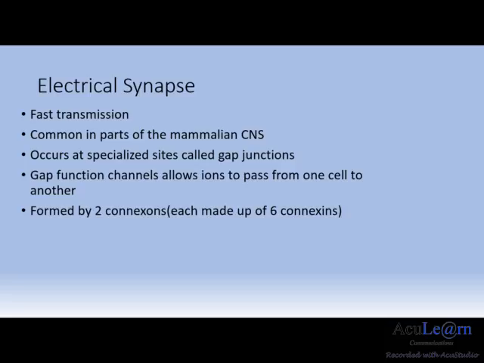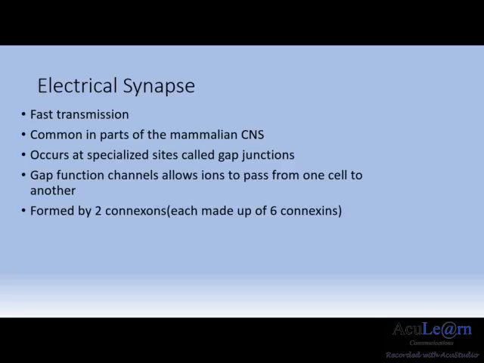Because of the fast transmission that electrical synapses entail, they are usually involved in rapid responses, such as defensive reflexes. For example, in the crayfish, electrical synapses are found between sensory and motor neuronal pathways, which regulate its escape from danger, facilitating its retreat attempts from any threats it faces.